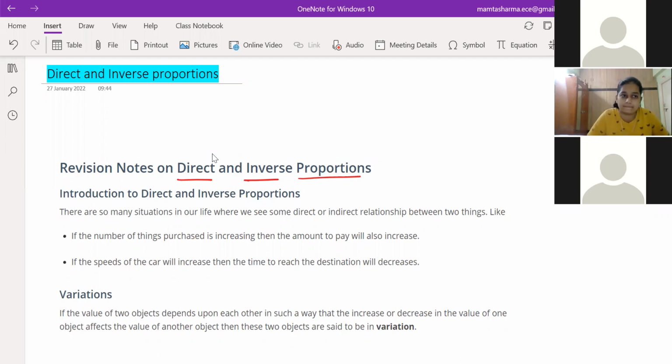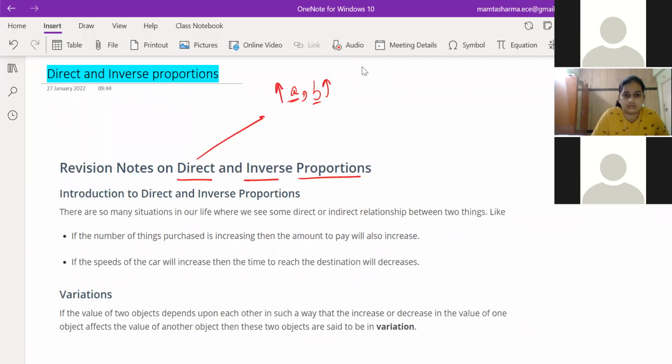If I have two quantities A and B, it may be speed, distance, sweet boxes, number of clothes, amount, it may be anything. But what will be the relation? In the direct variation, if one quantity, let's say A, increases, the other one, B, will increase.